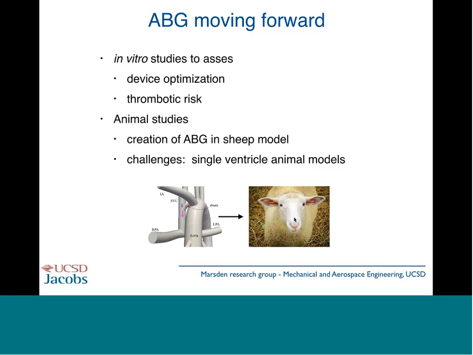And at the same time, we're exploring animal studies. So we're working with Olaf Reinhardt at Stanford University to create an ABG in a sheep model. There are a number of challenges that come with this in single ventricle animal models. These are not easy models to work with.